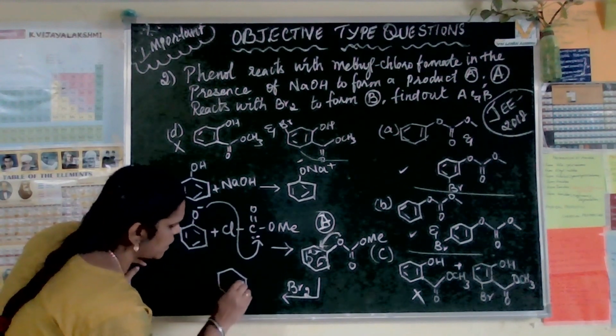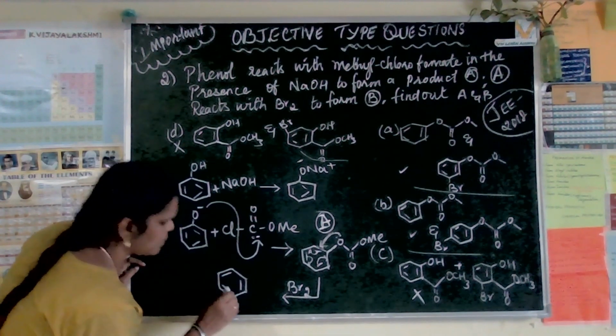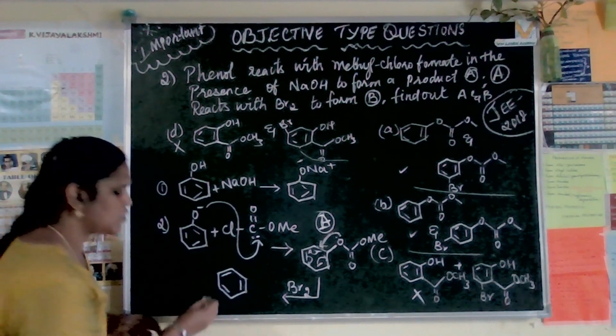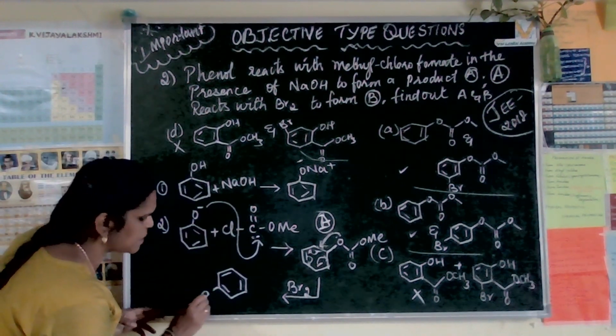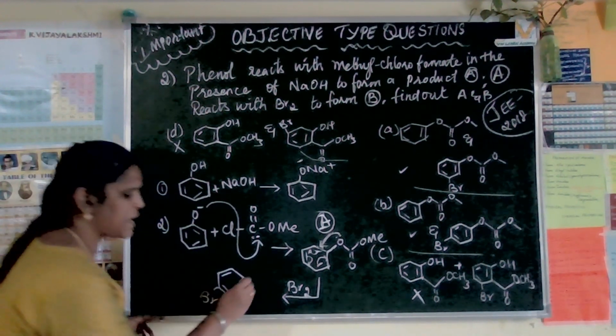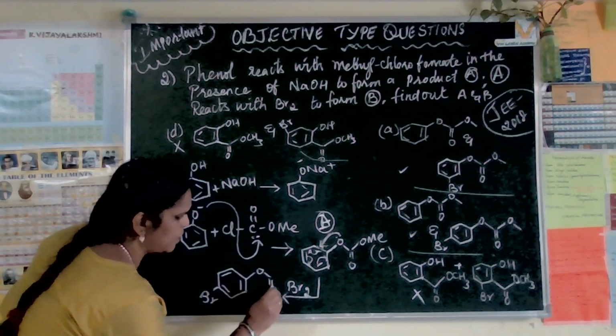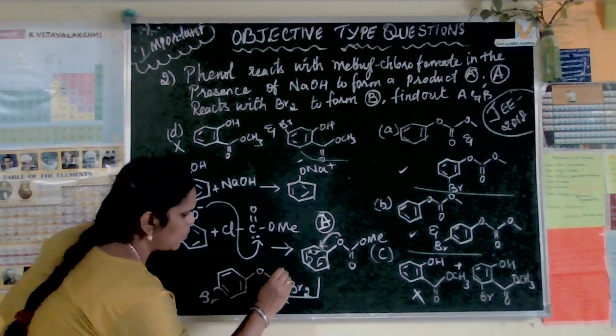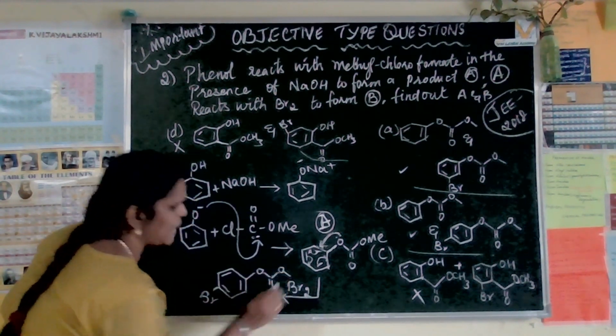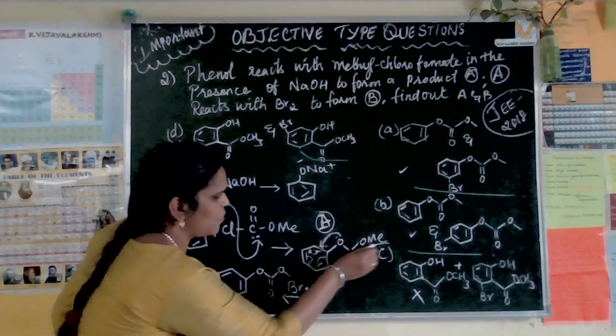Now note the point: due to resonance, you are getting the para position. Br is attached at the para position, and O, the same double bond here, and here Me. I just put Me over here.